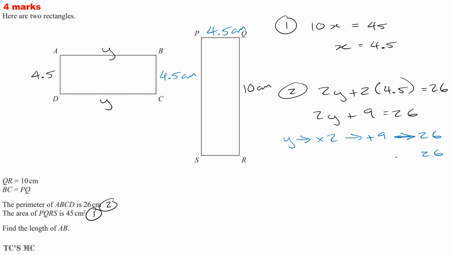And then if you go backwards, you subtract 9, then you divide by 2, and then hopefully that will get us the answer. 26 subtract 9 is 17. 17 divided by 2 is 8.5. So the length of AB, which was our y, is 8.5 centimeters. And that's my fourth mark.